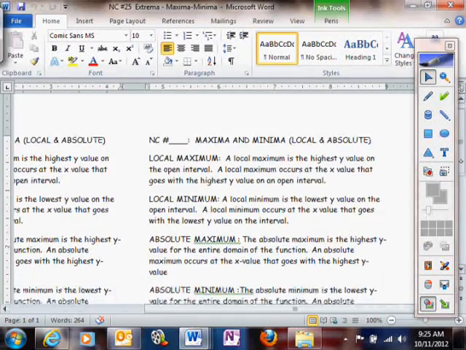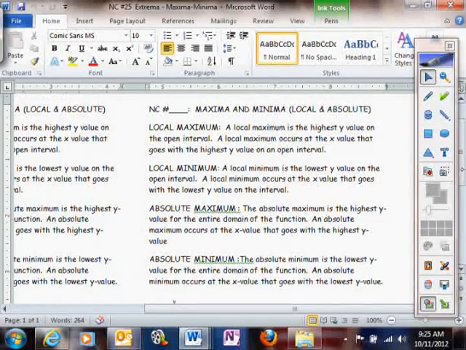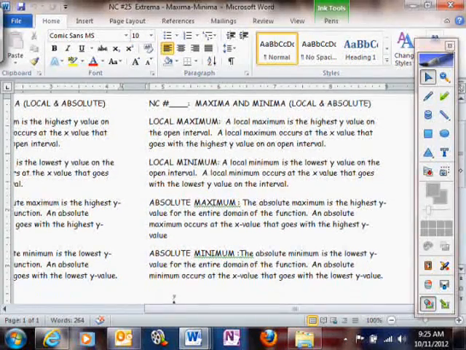Talking about maxima and minima, or in other words, extrema, local and absolute. So I'm going to read through these 4 definitions here, and then we're going to spend some time talking about the differences and the similarities. A local maximum is the highest y value on the open interval.